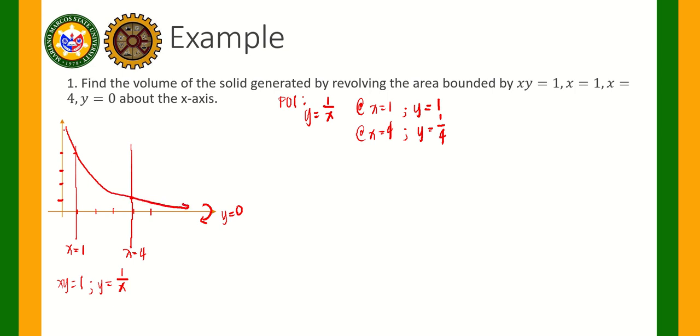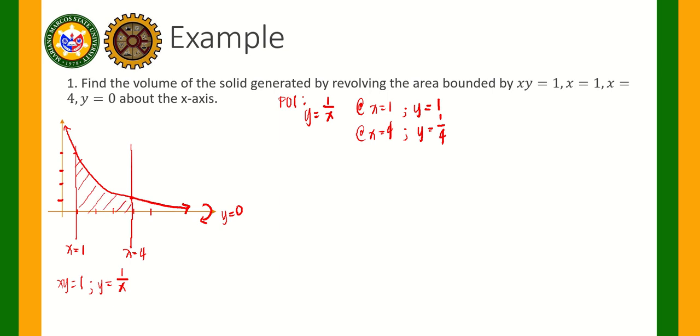But it can never touch our 0. Why? Because 1 over 0 is infinity. So it is asymptotic. Asymptotic curve. Okay, so the volume or the area bounded by these curves will be this.